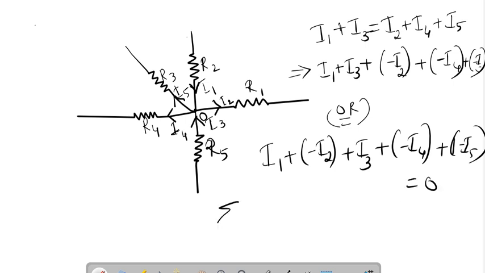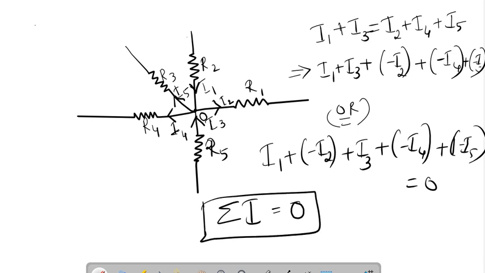So according to Kirchhoff's first law, the sum of all the currents at the junction is equal to 0. Thus currents entering the point can be taken as positive, while currents leaving the point can be taken as negative. So this is all about Kirchhoff's current law.